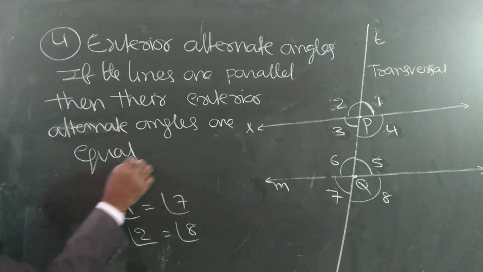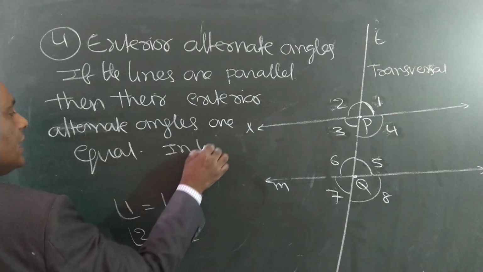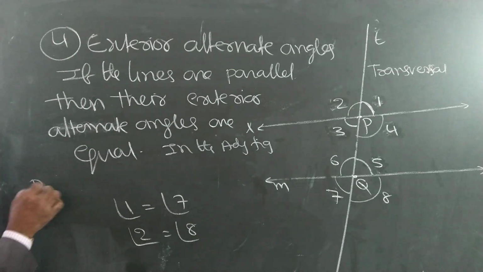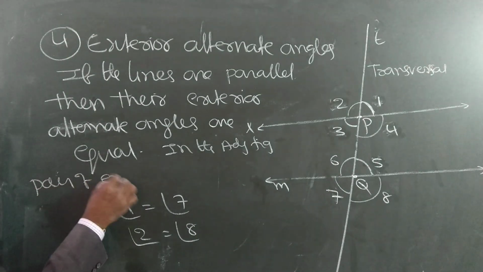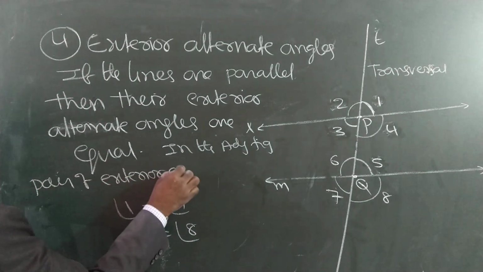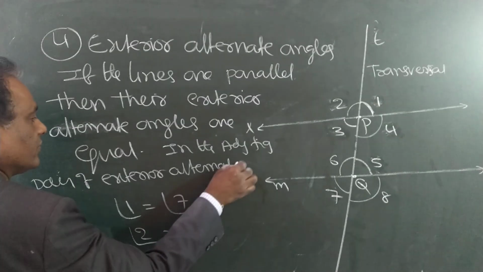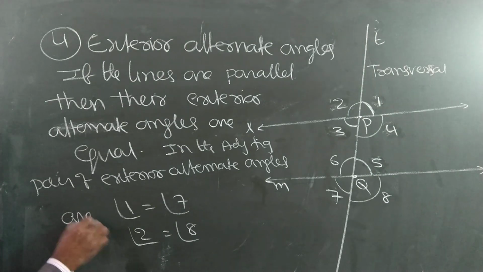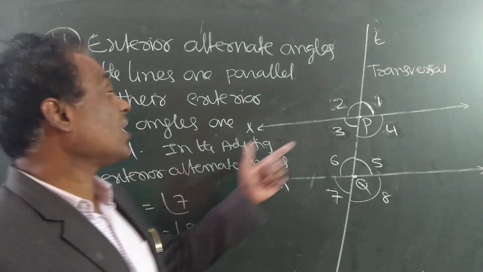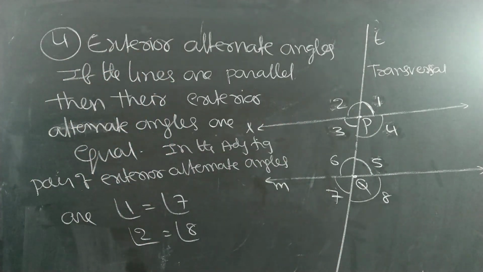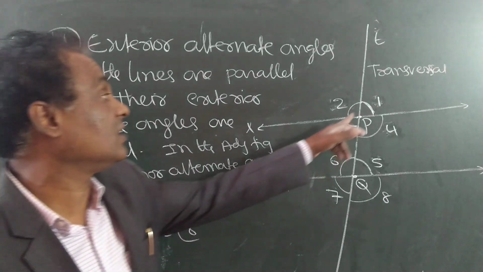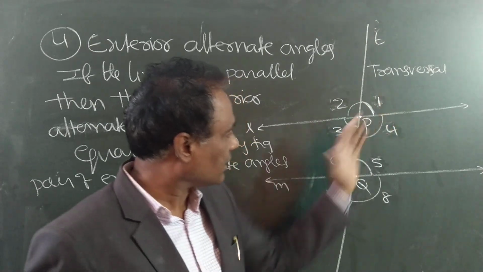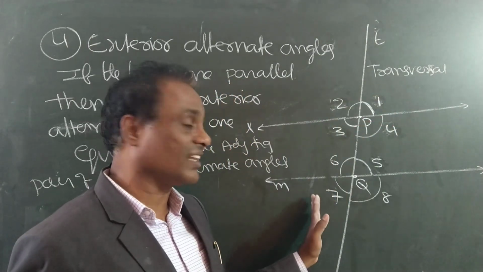Write down. In the adjacent figure, a pair of exterior alternate angles are equal. 1 is equal to 7 because they are on opposite sides, one angle on this side, one angle on that side, but both are exterior.